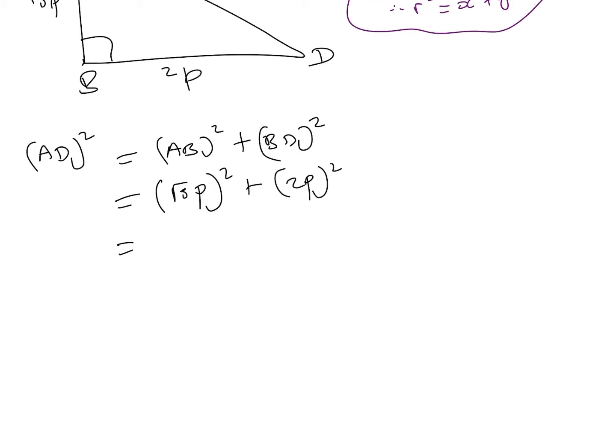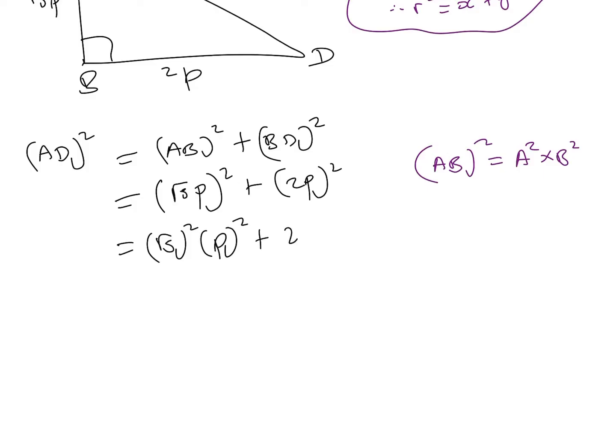From here we can simplify, with a quick revision again: AB squared will be equal to A squared times B squared. So this is going to be square root of 5 squared P squared plus 2 squared P squared. And again, square root of A squared is equal to A, so we're going to use that information here as well.